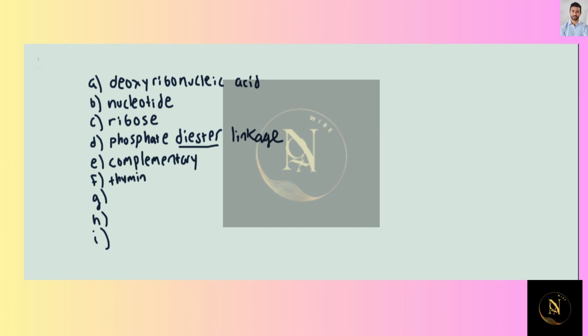In DNA, thymine always pairs with adenine. Note that I said in DNA. In RNA, the thymine is actually replaced with uracil. And guanine always pairs with cytosine, whether it's DNA or RNA.